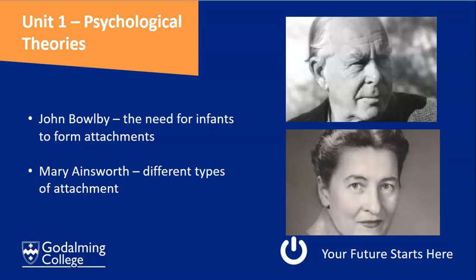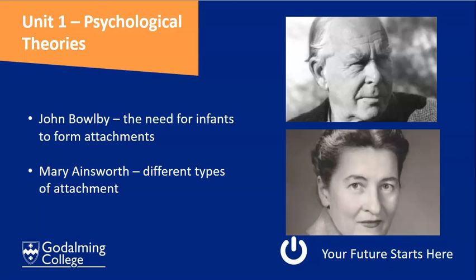They found that infants attach to their primary caregivers not only for food and water, but also to feel safe and secure. You'll learn how these attachments and different types of attachments that can form can affect a person in their future and in the future relationships that they make.